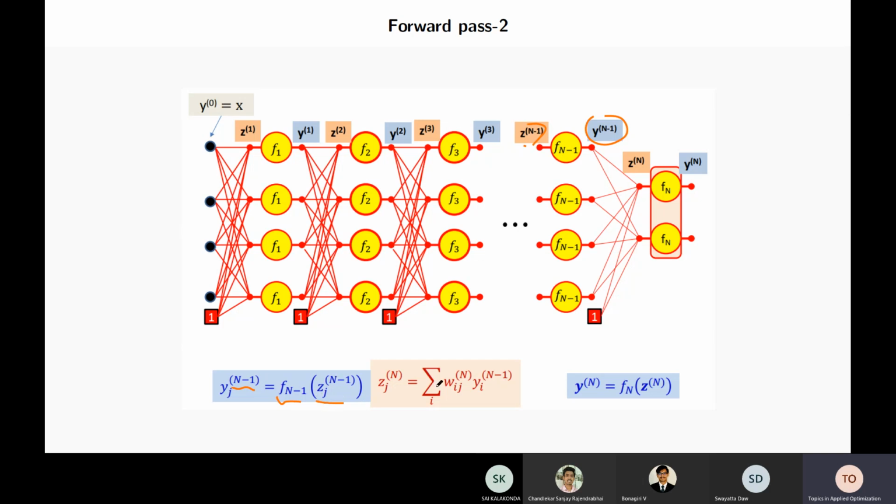Once yn minus 1 was found, we took a linear combination with respect to the weights of the nth layer, and then we did a final activation. It's the same thing happening as before, except that we have identified the final output that we got.